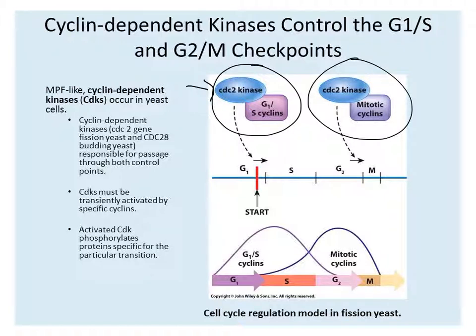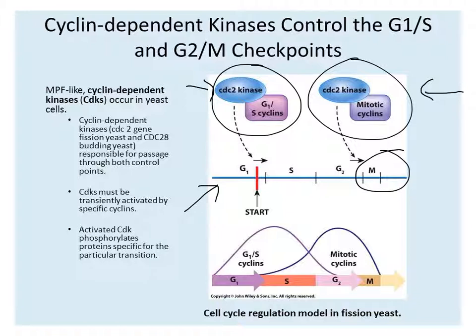One complex, the CDC2 kinase and the G1/S cyclins, was critical for passage through the G1 checkpoint. And there was a second complex also including CDC2 kinase, but with different mitotic cyclins, that was important for the onset of mitosis. So ultimately what they discovered in yeast, and we're going to get into higher mammals in a second, was that these CDK cyclin complexes were critical for the G1 and G2 checkpoints and progression through.